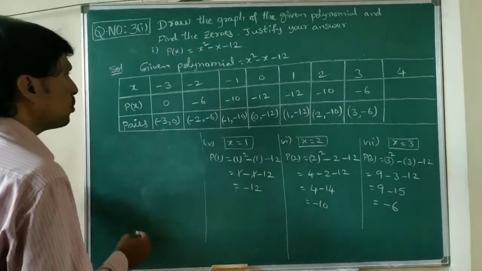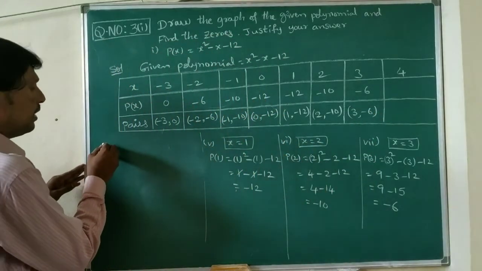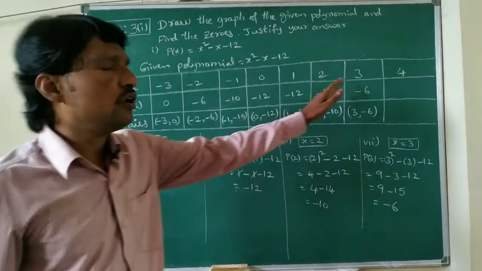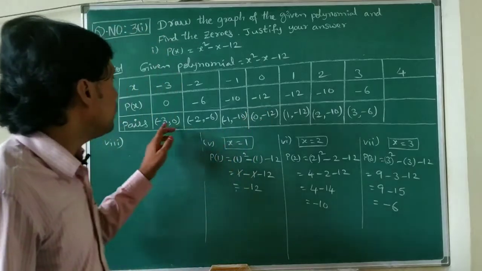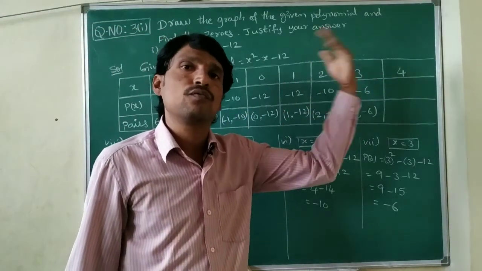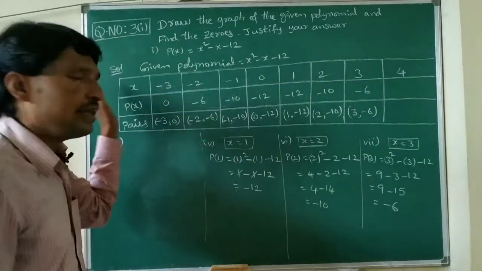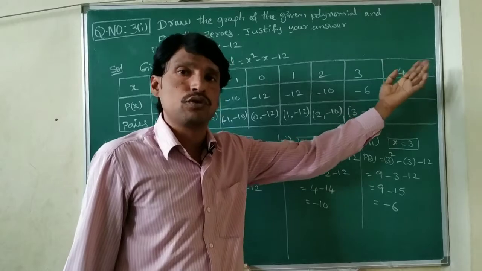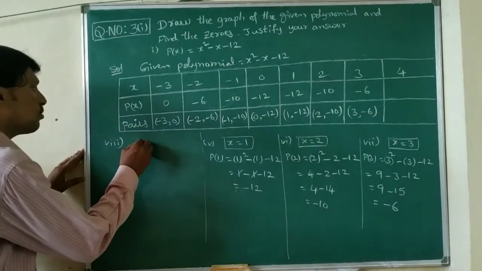Next, the eighth one. Up to here we took minus 3 to 3 only. But here we got the zero in the negative direction, that's why I am taking 4, 5 like that in the positive direction. Means x equal 4.